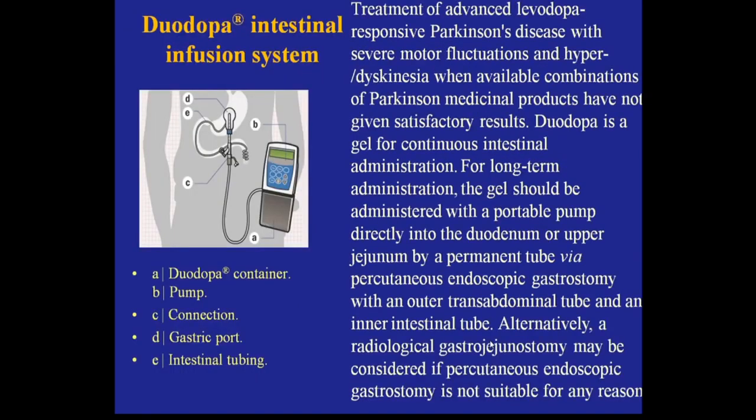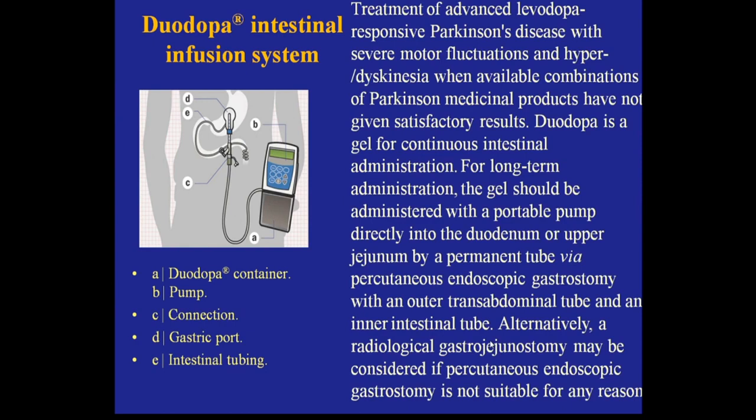And one more new method, this is duodopa intestinal infusion system, treatment of advanced levodopa responsive Parkinson's disease with severe motor fluctuations and hyperdyskinesia, when available combinations of Parkinson's medicinal products have not given satisfactory results. Duodopa is gel with continuous intestinal administration.